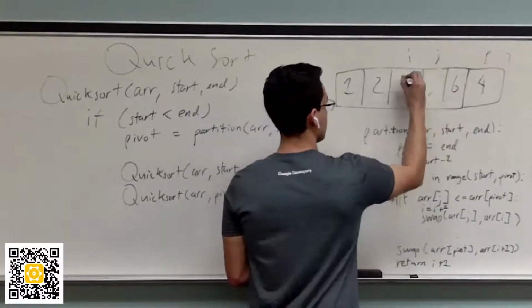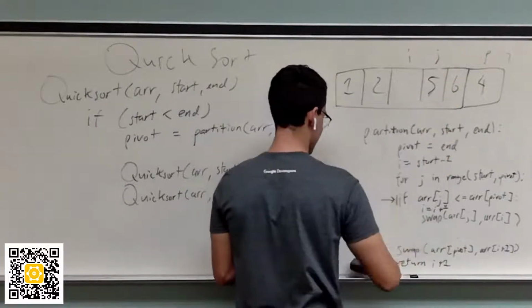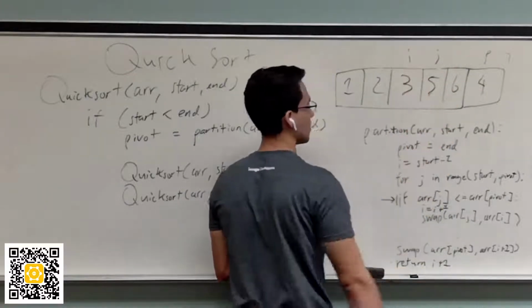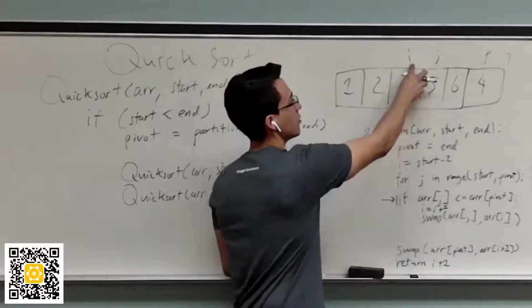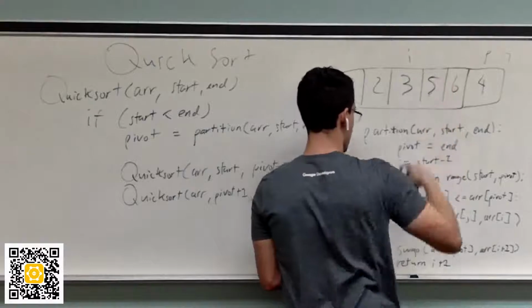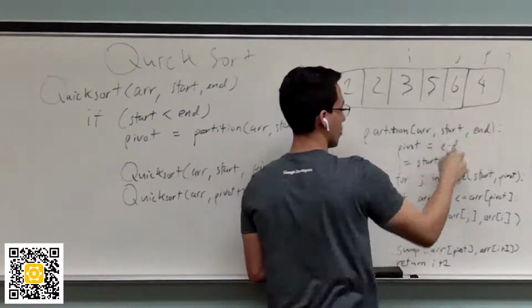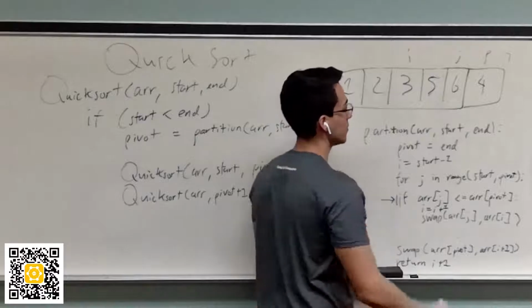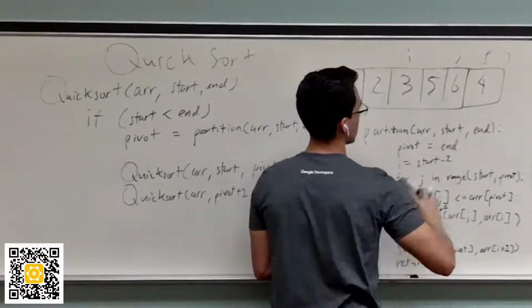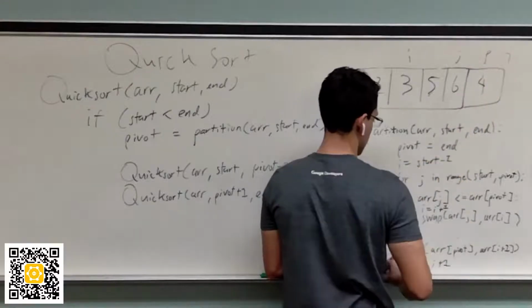That was a bad 3, let me write that 3 again. I still stays behind this 5. We move J up, and J is not less than this, so we don't do anything. And we don't want J to become the pivot, so we stop.